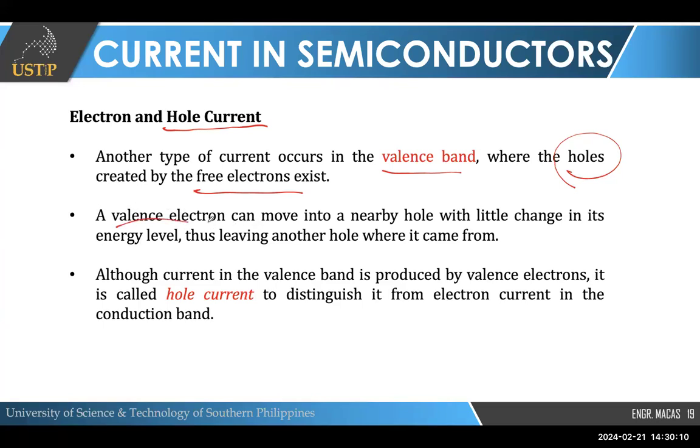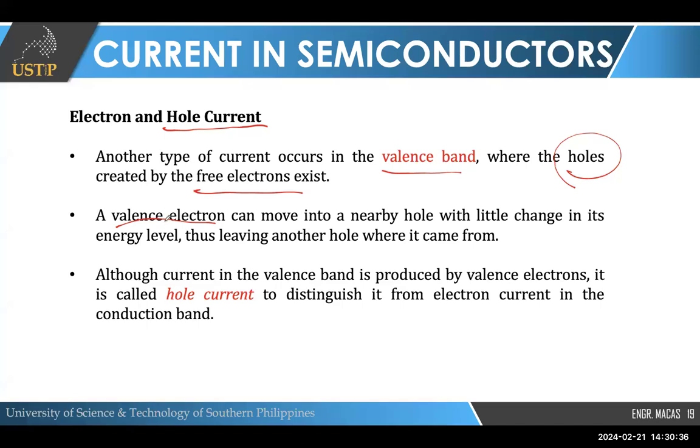But your valence electron cannot totally become a free electron. It can only jump within the atom. For example, it acquires energy, but not enough to jump to the conduction band. It just jumps within the atom.